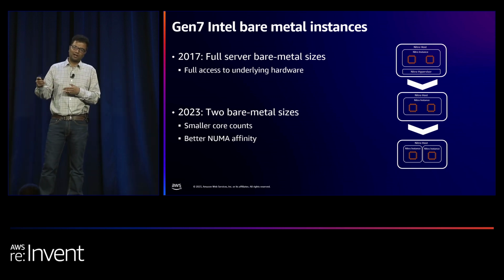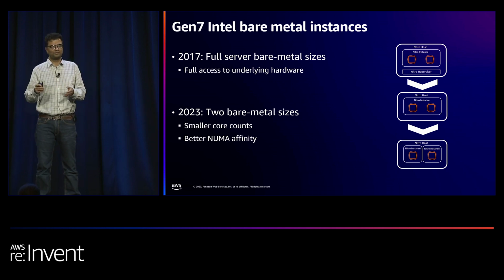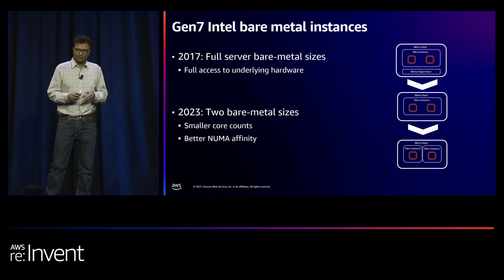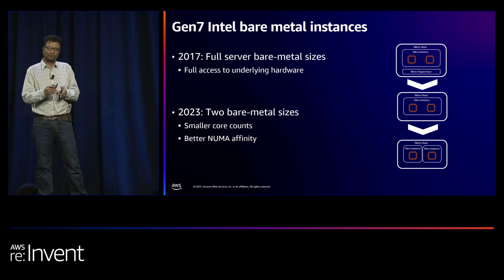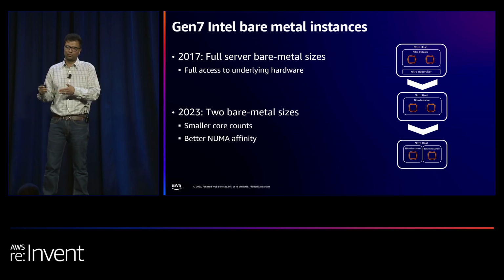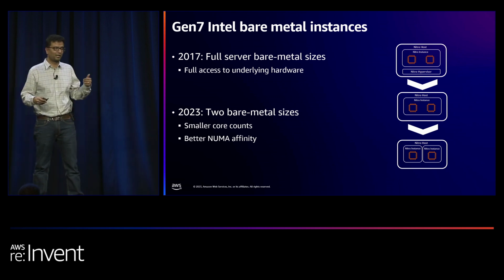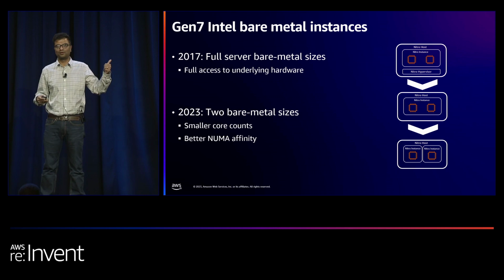But what happened after that, with each instance that we were launching, we were having bare metal instances, typically as the largest size. As we were refreshing and going to a newer generation, the CPU vendors were also increasing their core counts. For example, our Cascade Lake processors were 24 core, our Sapphire Rapids processor is 48 core.